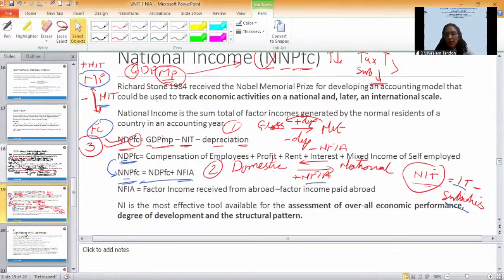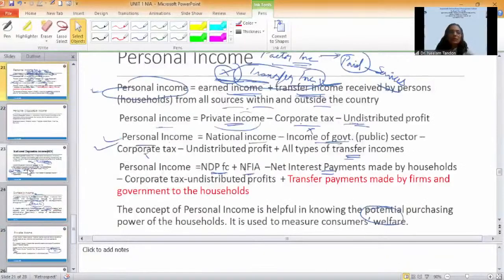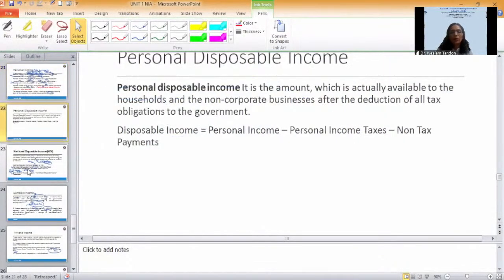You can go through that. If you have any queries, we can take them in the next class. You can also write your queries in the chat, and I'll take care of that. And then we have shared personal income, private income, personal disposable income, even national disposable income. So I hope the terminologies are clear.